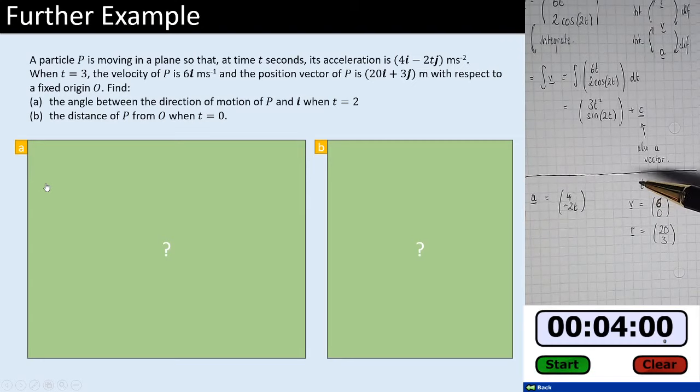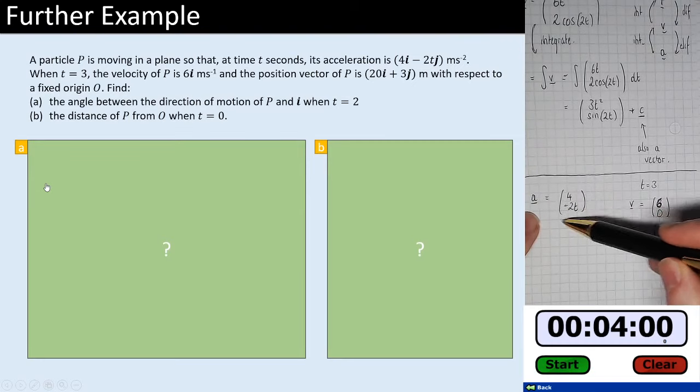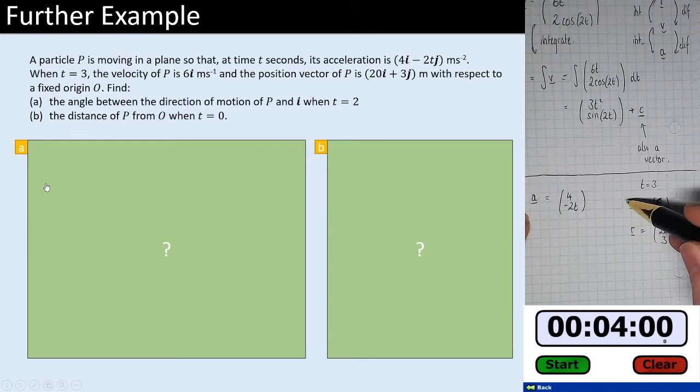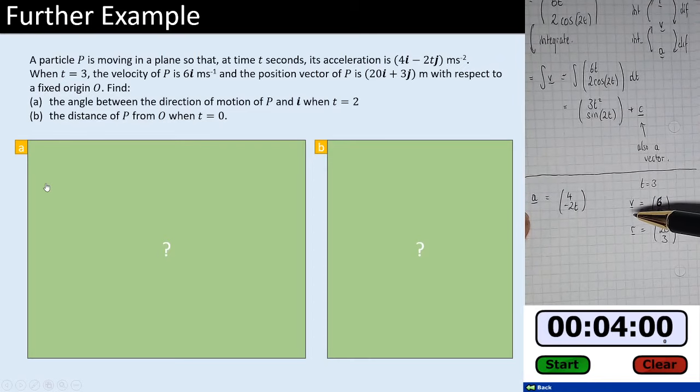Right. Now, we've got our acceleration here. We've got information for our velocity, and we've got information for our position as well. We're going to have to do a little bit of integrating to get our velocity, because we're talking about direction of motion. And for part B, we're going to have to integrate a second time to have a go at finding the distance of P from O when t is equal to 0.